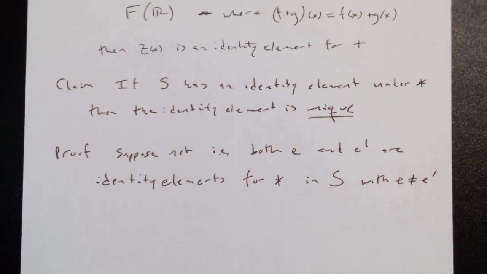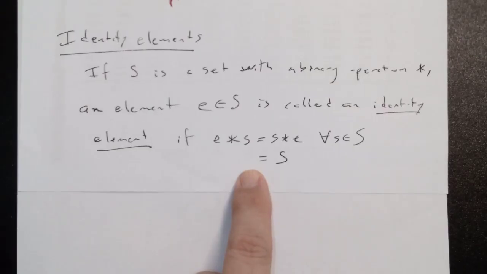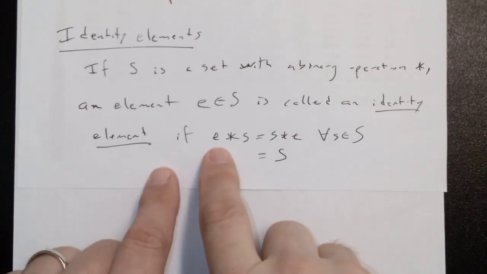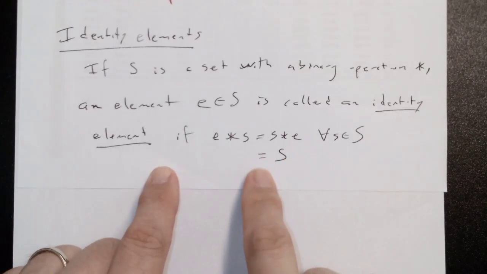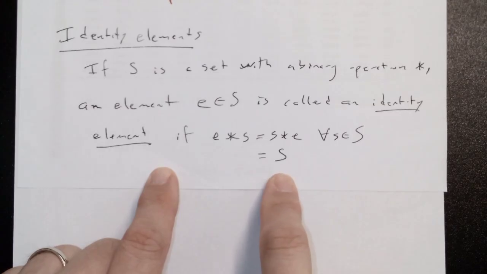Then let's go right back to our formal definition that we wrote down. It's an identity element. If I multiply anything by it, star by it, I get the same thing back. If I star E with anything, regardless which side I put it on, I get that thing back.